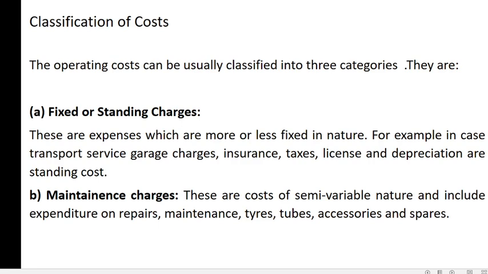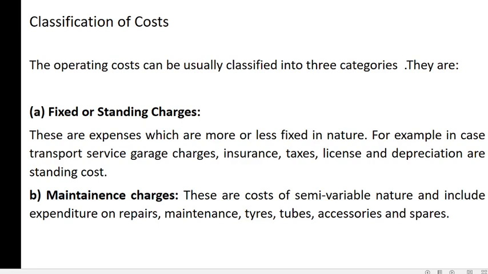They include expenses like insurance, license fees, road tax, administration expenses, etc. For example, in a transport company, the fixed costs do not depend on the number of trips made or distance run by vehicle. Here, certain charges will remain constant irrespective of the number of trips made or distance run by the vehicle.